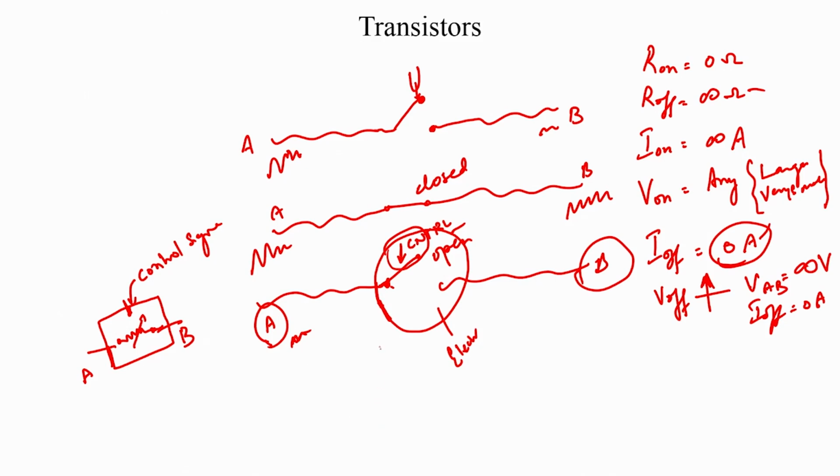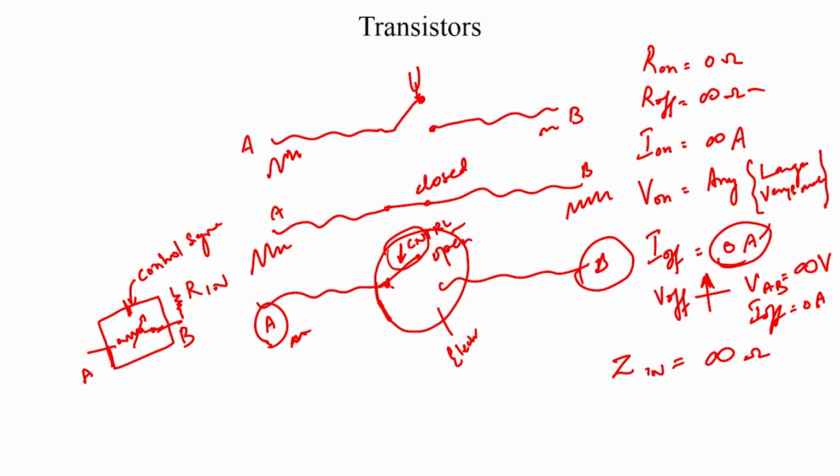So essentially what we want is that if there is a resistor here, let me call that R_in, we would ideally want that resistance to be infinite, or let us say if there is an impedance, we would like that impedance to be infinite. Okay, we do not want the control signal to impact the operation or the message, it should not corrupt or influence the message being transferred between A and B.